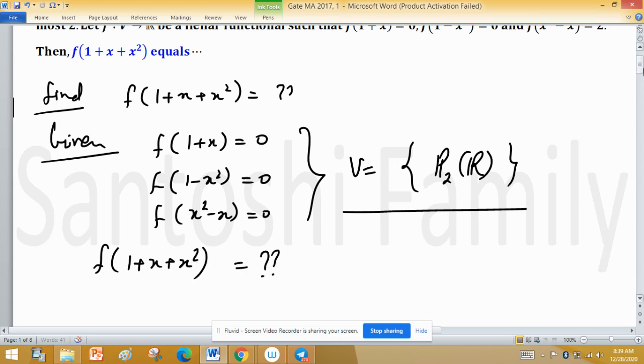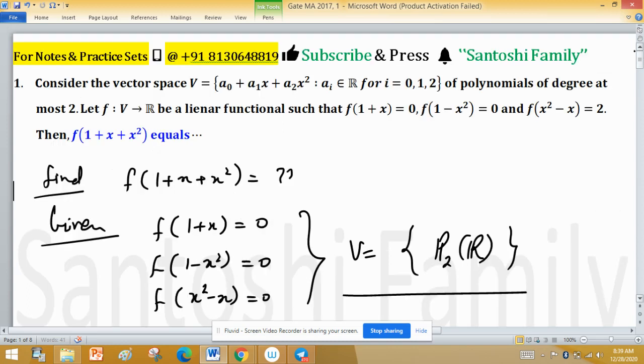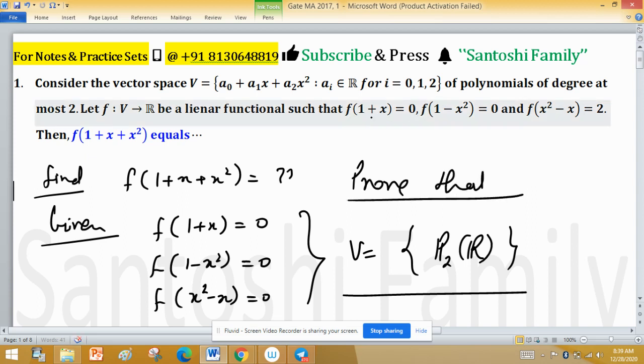Whenever the question is not of the type asking for a proof, there is no need to check the given points 1 plus x, 1 minus x square, and x square minus x, at which the image under f is given to us.